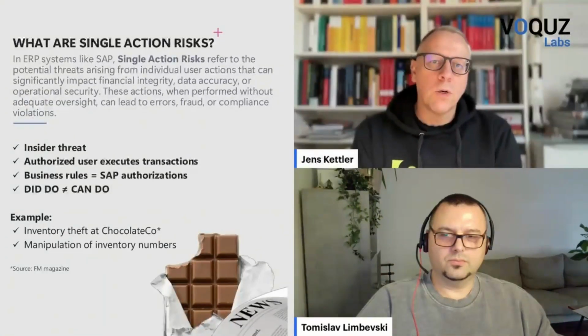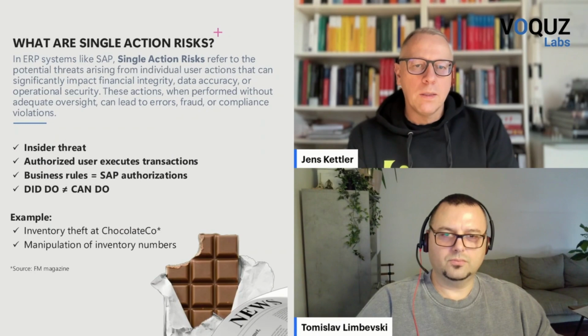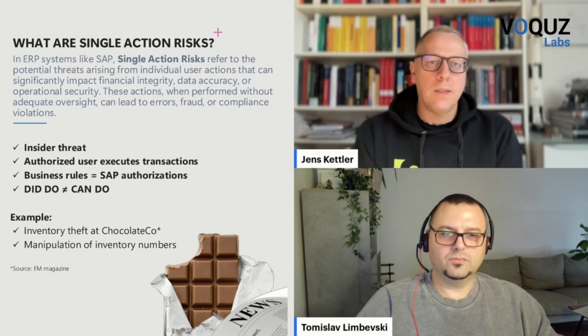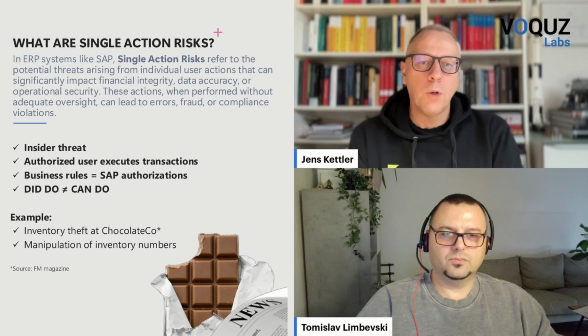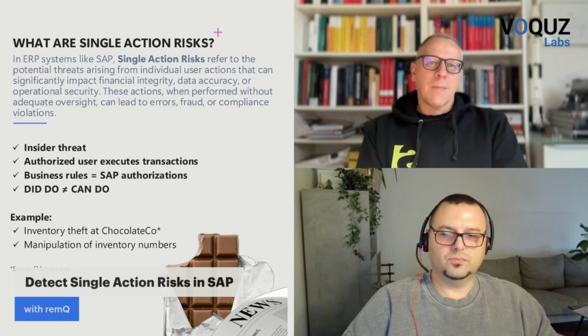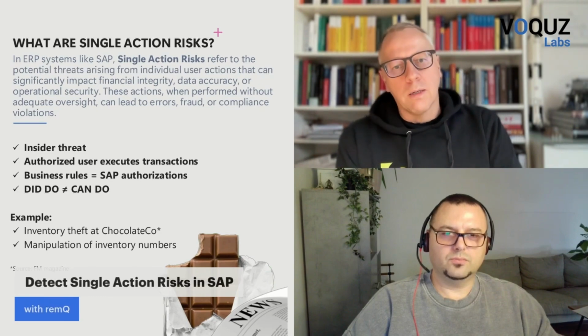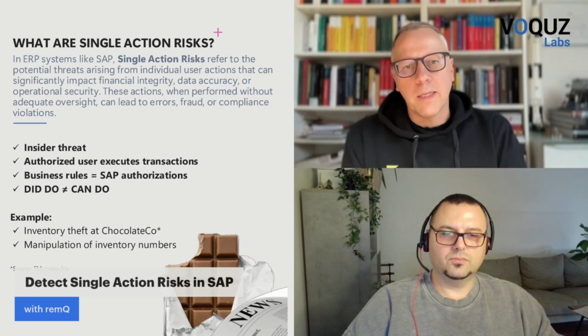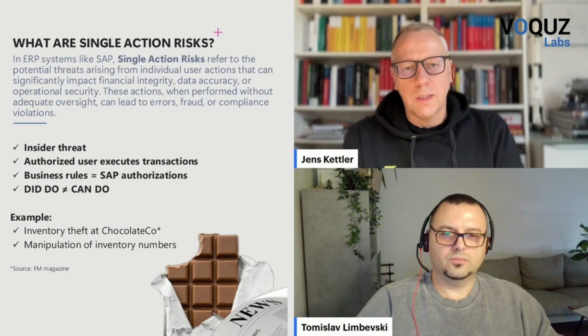One of the limitations was that you cannot see changes with this approach that were made to certain business objects or documents. And that's because changes are recorded by SAP and logged by SAP in what's called change documents. And we are going to have a look at that today.